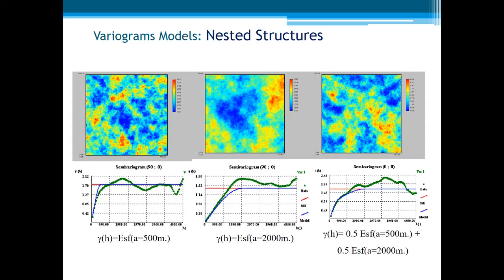For example, the sum of the spherical model, this one here, with a range of 500 meters, with this model of 2000 meters, we can get this one here, where we can notice the small bodies produced by the range of 500 meters, and also the clusters of those bodies compose large structures of 2000 meters.